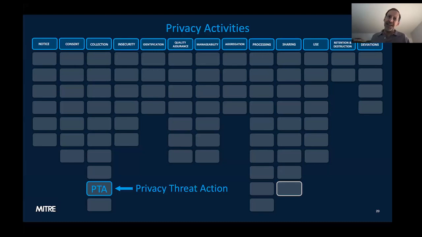So, for example, there's identification, because a key aspect of a privacy attack can be the act of assigning an identifier or specifically identifying someone. Likewise, deviations at the very end there, the far right. Deviations is kind of our one nod to compliance issues. So, for example, if a threat actor has violated their own privacy policy, that would be a deviation threat action.